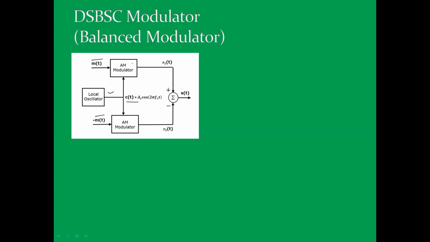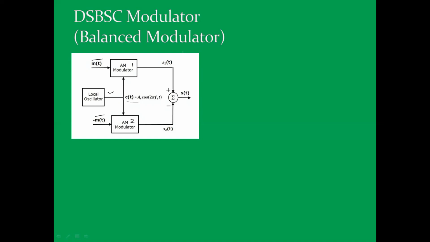This is modulator 1 and this is modulator 2. Whatever signal is given to modulator 1 has to be fed to modulator 2 also, but in opposite polarity. If m(t) is given to modulator 1, then minus m(t) has to be given to modulator 2. If 1 is given to modulator 1, then minus 1 is given to modulator 2. So at the end, it will be balanced.